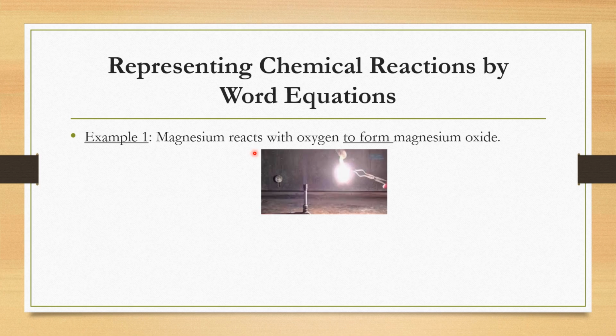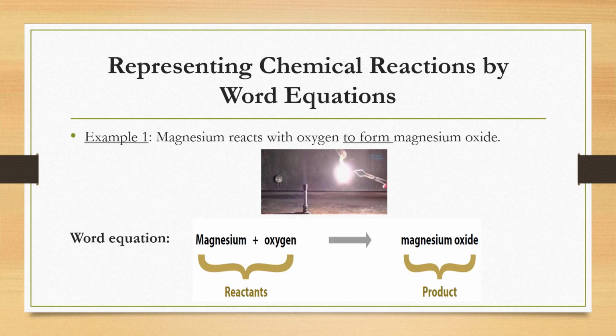Thus, they are placed on the left side of the arrow. Magnesium oxide is the product and is placed on the right side of the arrow. The word equation for the reaction is magnesium plus oxygen gives magnesium oxide.